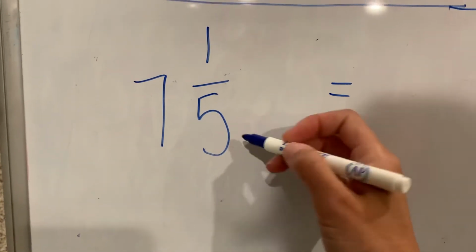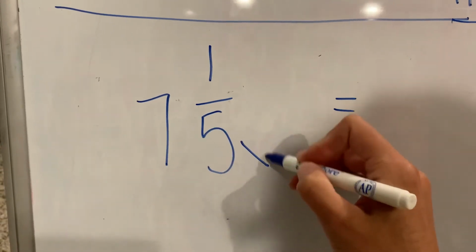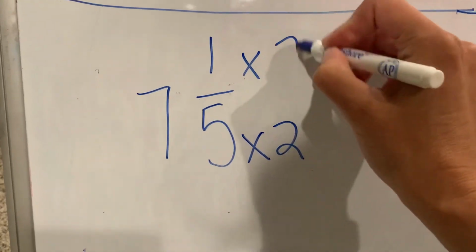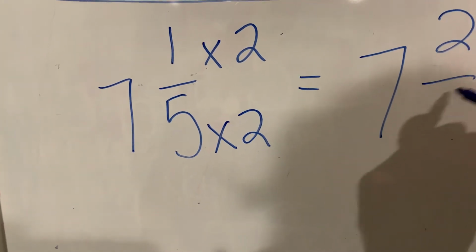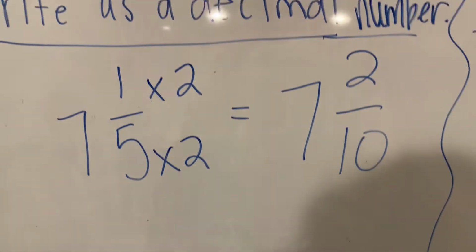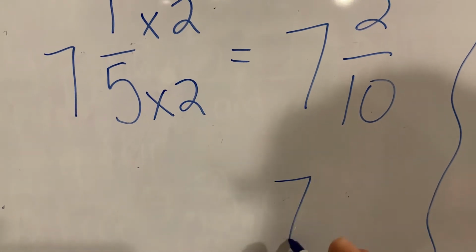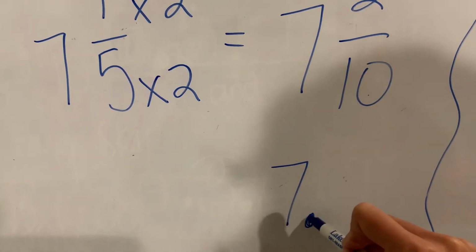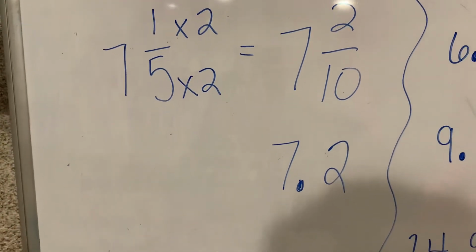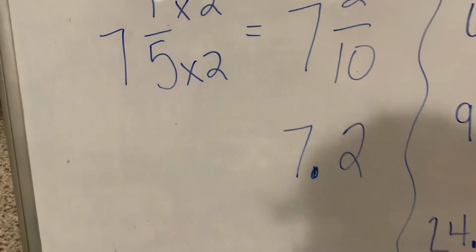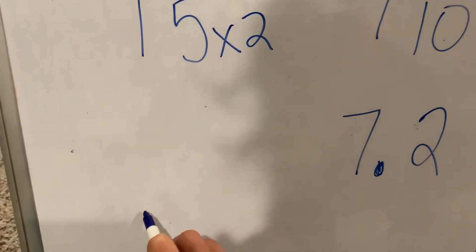In this case, I'm going to multiply 5 by 2 in order to get 10. So now this is really 7 and 2/10. So when I write it as a decimal, I'm going to get 7 and 2/10. Okay?